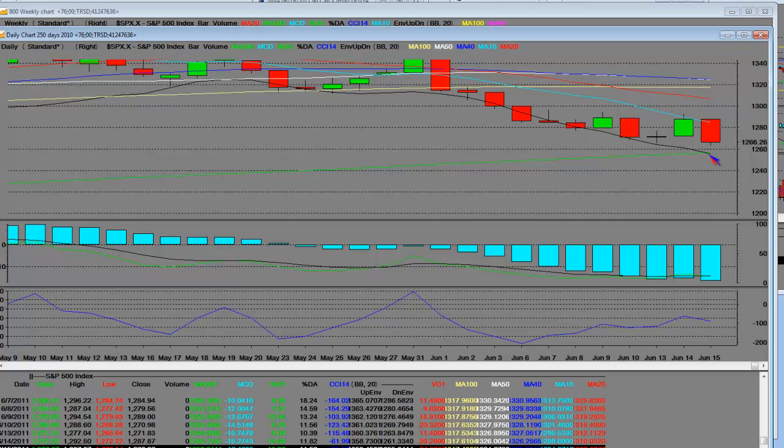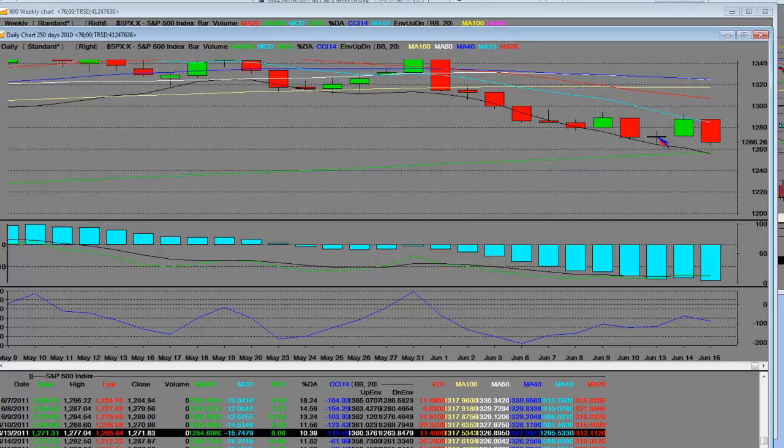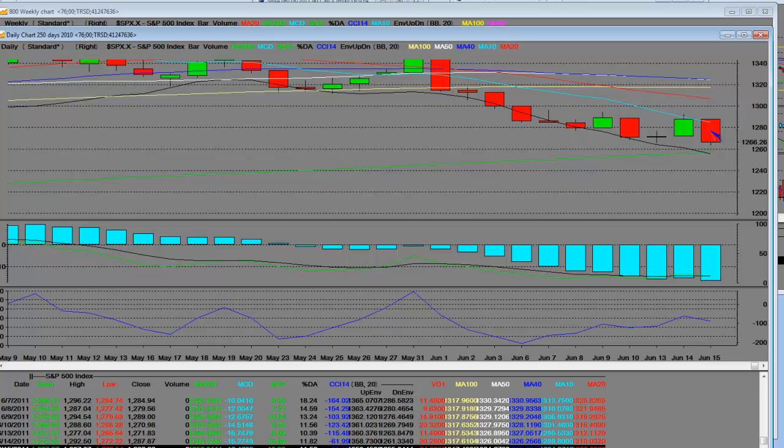Either we're going to bounce here, Mr. Flag, but you can see that from the original daily reversal, we keep making a series of lower lows on the S&P. This low right here was 1265.64, and today's low was 1263.54. It's still a lower low within the top reversal.